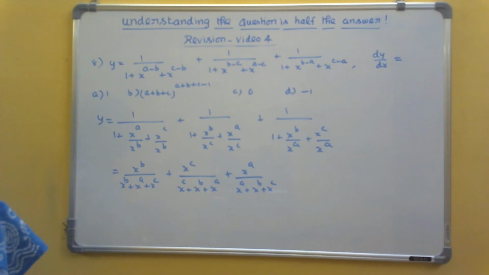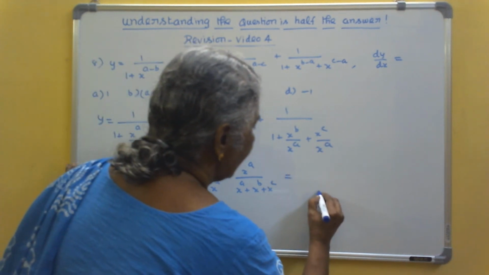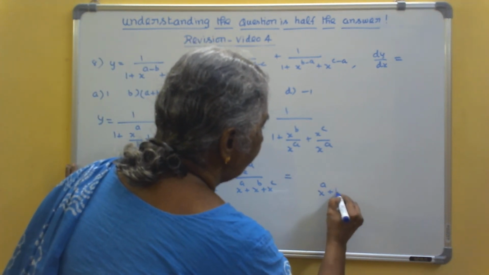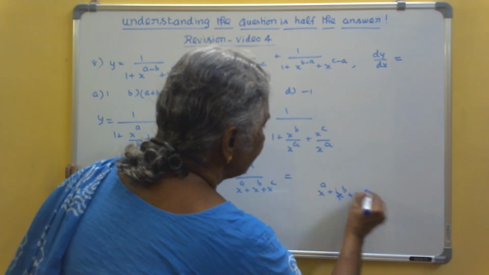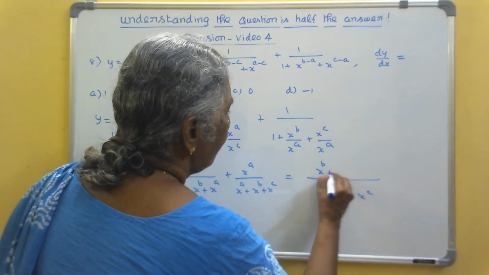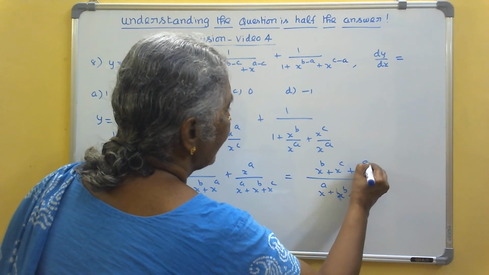Look at the denominators. Only the terms are a bit interchanged, but otherwise it is the same thing. So let us take the common denominator, x power a plus x power b plus x power c. So the numerator is also x power b plus x power c plus x power a.